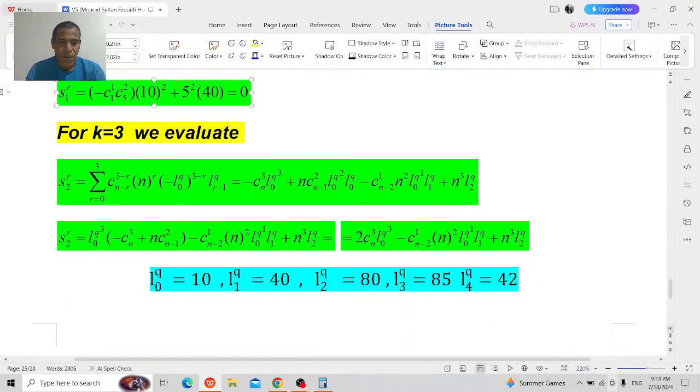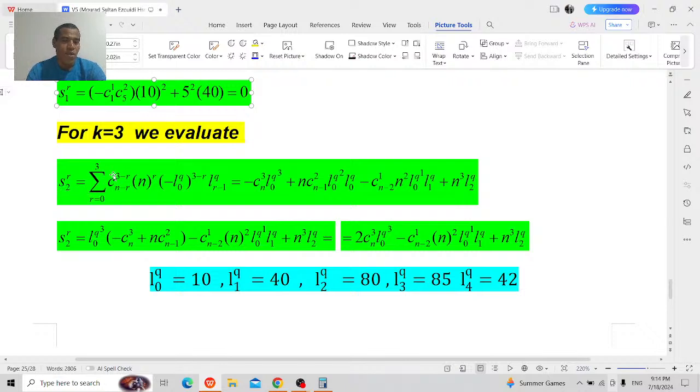So now we are going to find the value of S2. Just go back to my own discriminant formula: sk minus 1 of order r equals the sum from 0 to k of combination n minus r choose k minus r, n raised to the power r between parentheses negative l0 of order q raised to the power k minus r times l r minus 1 of order q. Just put k equal to 3. It will be s3 minus 1, which gives you s2.